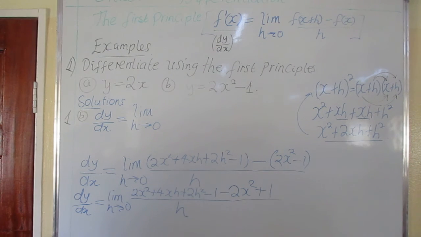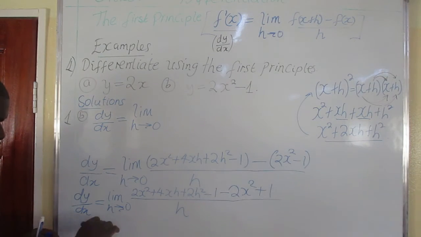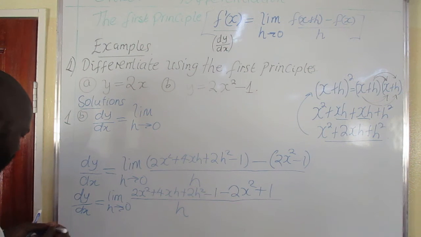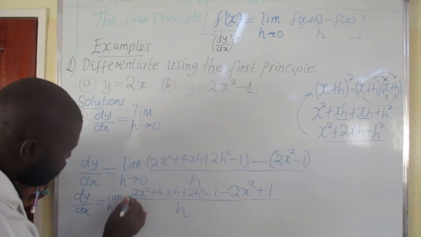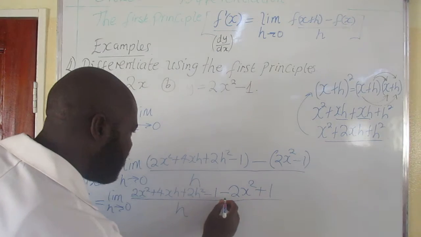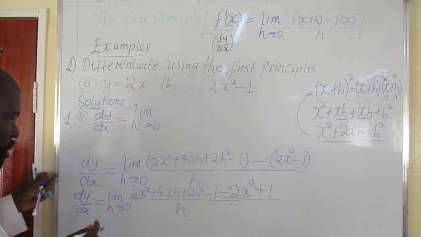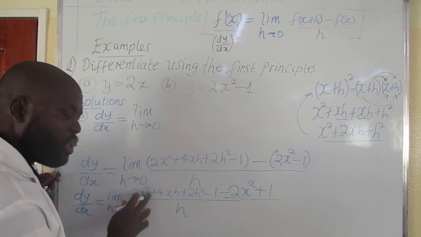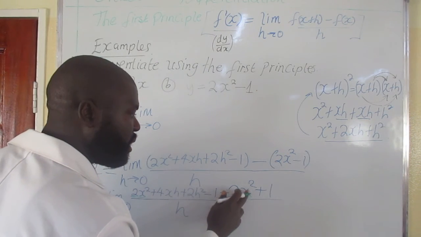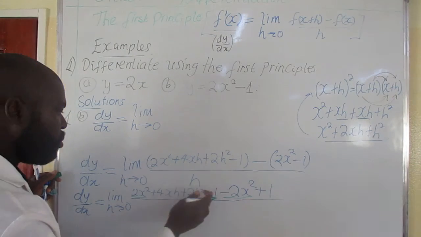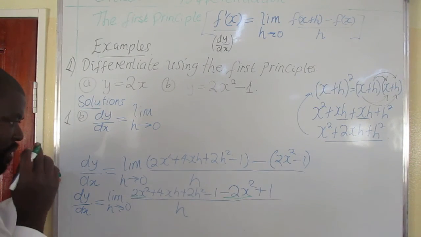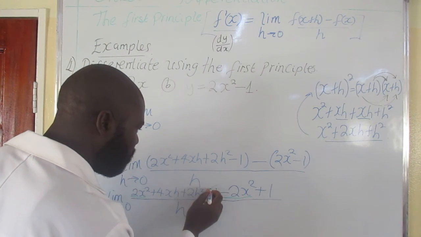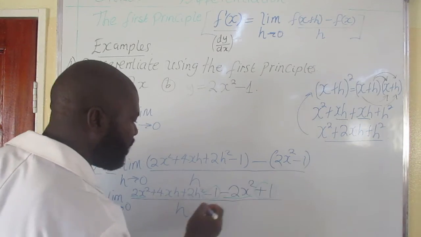So as you can see, we have some like terms here in 2x squared and minus 2x squared. So you can see we are going to subtract these two. We have 2x squared minus 2x squared. This will go to 0. So these two would disappear. And we have minus 1, and also we have plus 1.